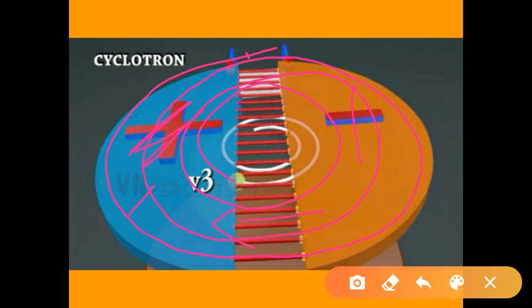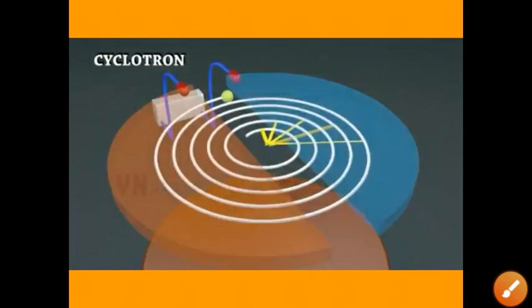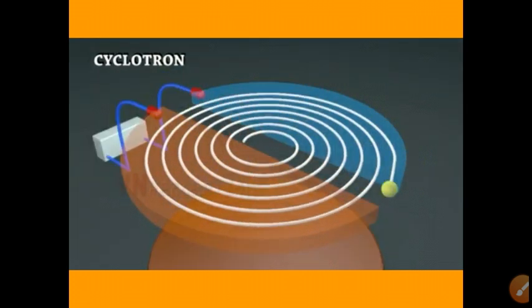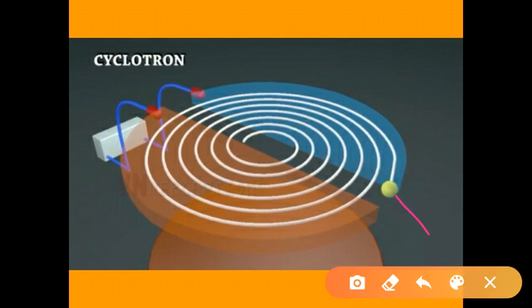And you can see each time when speed is increased, its radius also is getting increased. And finally the radius of the path will become the radius of the D's. And from this point, the charged particle will come outside.